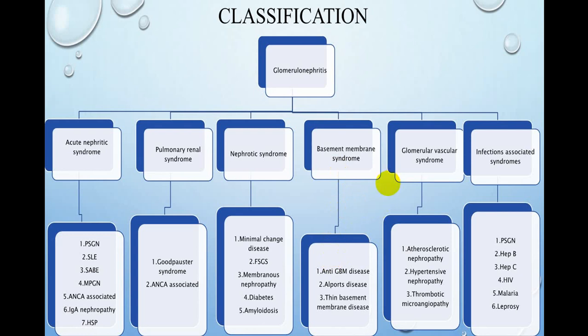Glomerulovascular syndromes are atherosclerotic nephropathy, hypertensive nephropathy, or thrombotic microangiopathy, and infection-associated syndromes can be associated with hepatitis B, hepatitis C, HIV, malaria, leprosy, etc. Acute nephritic is very commonly associated with post-streptococcal glomerulonephritis. Some other conditions are SLE, subacute bacterial endocarditis, etc.